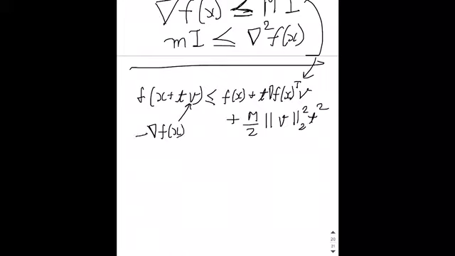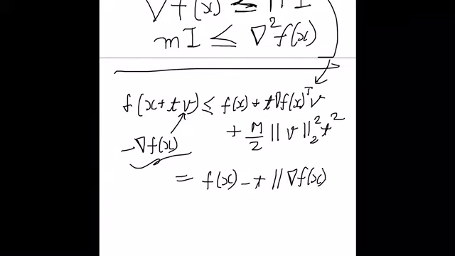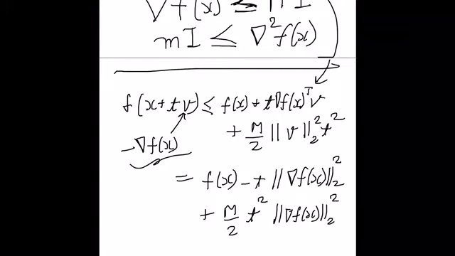Substituting v equals this value, we get f of x minus t times norm of gradient of f of x squared plus M by 2 t square norm of gradient of f of x squared. This is all 2-norm.